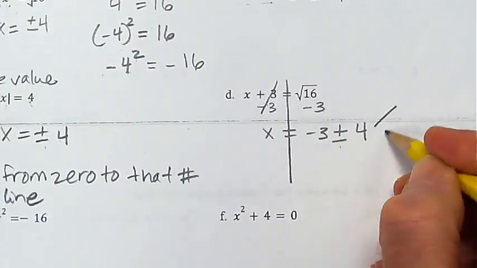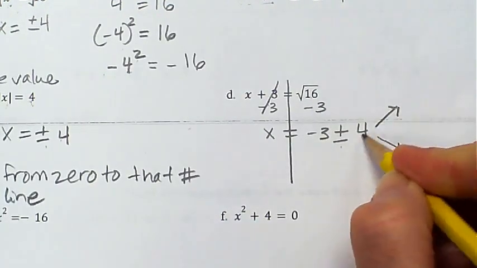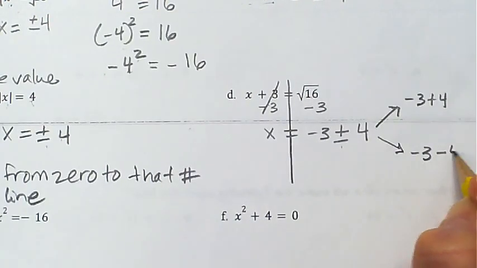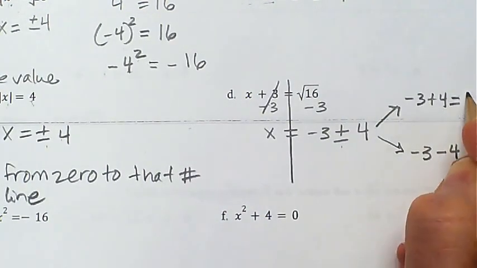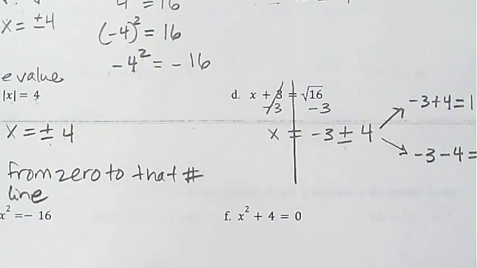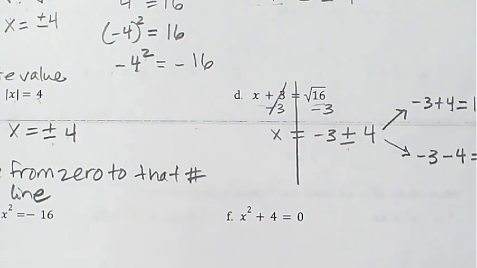We're going to do 2 little arrows, and we're going to do -3 plus 4 and -3 minus 4. -3 plus 4 is 1, -3 minus 4 is -7. So this equation has 2 solutions, 1 and -7.